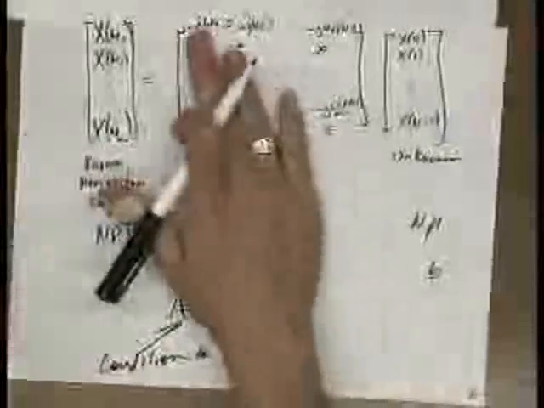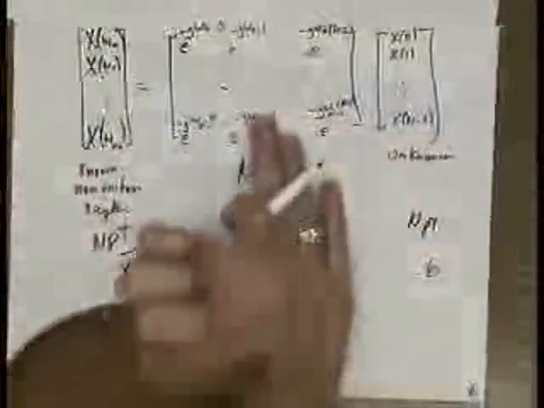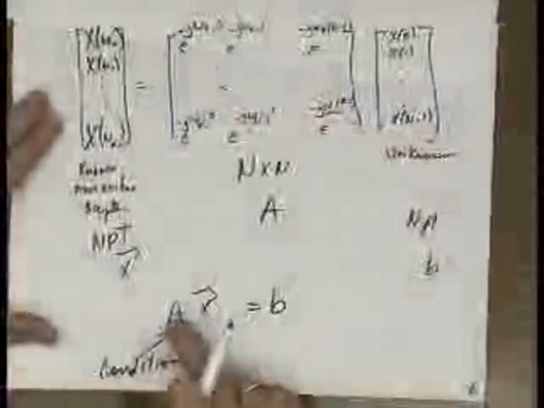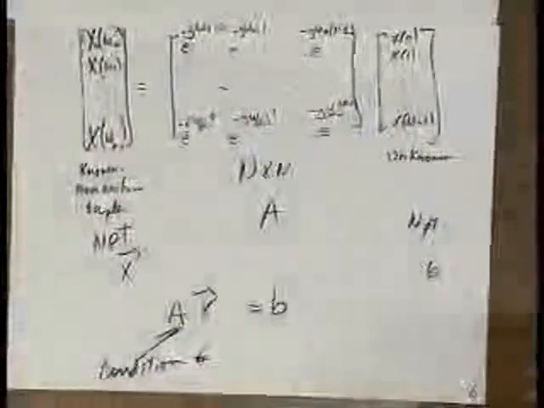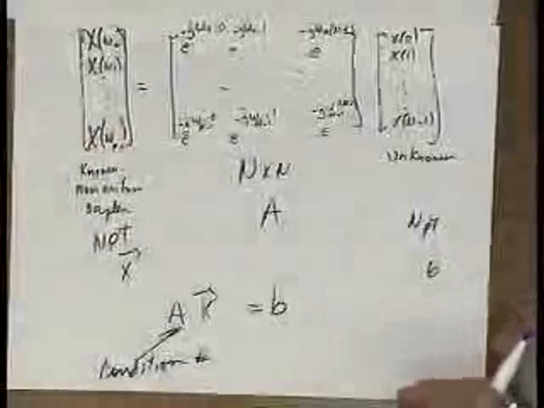So even though I apply a fancy algorithm, and even though the matrix, strictly speaking, could be non-singular, because it has all different omega i's in each of the rows, the problem could become ill-conditioned if two omegas are really close to each other. And how does it become ill-conditioned? This matrix becomes ill-conditioned. In other words, its condition number becomes large. In other words, the ratio between its largest singular value and smallest singular value becomes large, which makes the matrix ill-conditioned. And what does that mean?